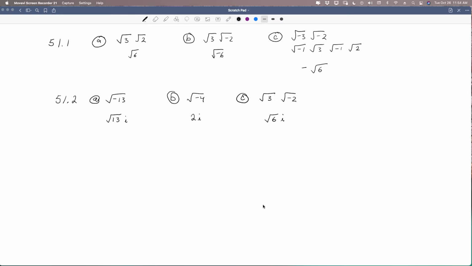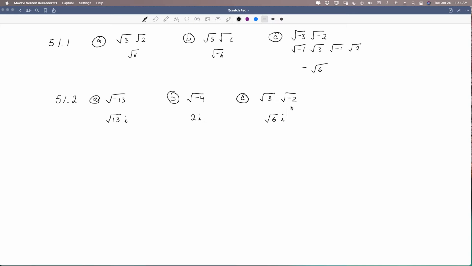All right, here's what you should have gotten. You should have taken the negative 1 out and turned it into an i. So the square root of 13 times i. Here, we took the negative 1 out and turned it into the i. And then we unsquared the 4 to 2. And that would have been 2i.